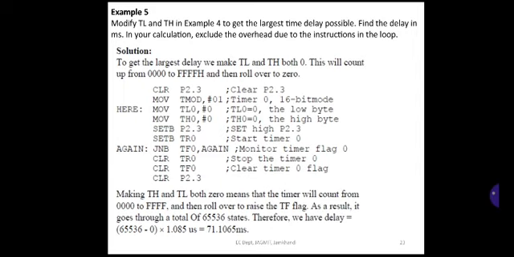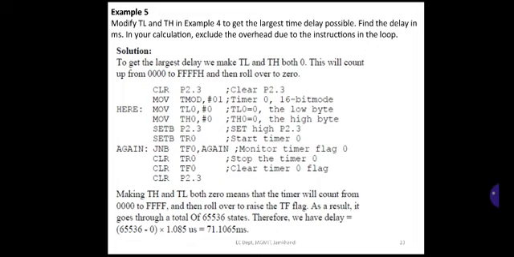Now we want the highest delay, so we load an initial value of 0. It should count up from 0 to FFFF. This is the highest time. That's why, to get the largest delay, we make TH and TL both 0.